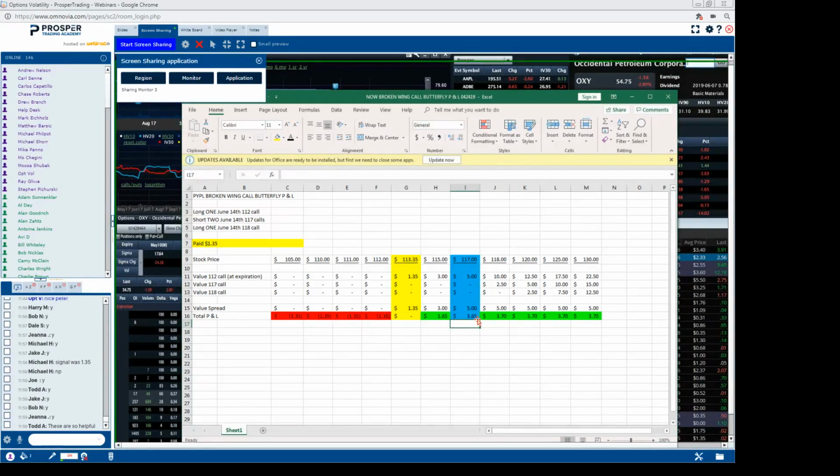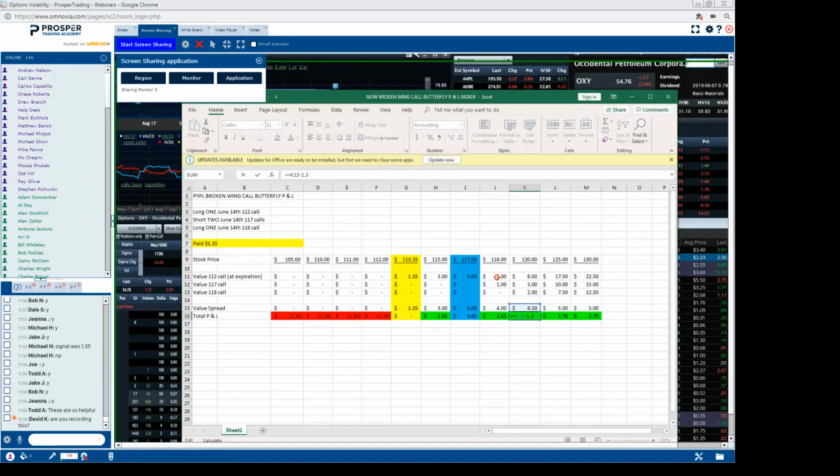Okay, 118. You can see the profitability start to go down a little bit. 120, and that is the minimum it would ever be worth to the upside as we get through all of the strikes.